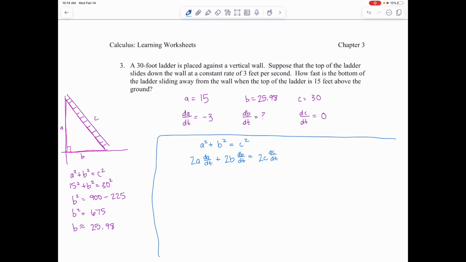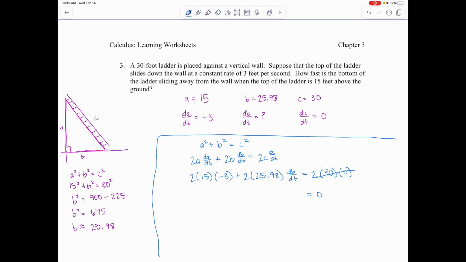Let's fill in what we know. 2, A is 15, dA dt is -3, plus 2, B is 25.98. We don't know dB dt. 2, C is 30, and dC dt is 0. So this zeroes out.